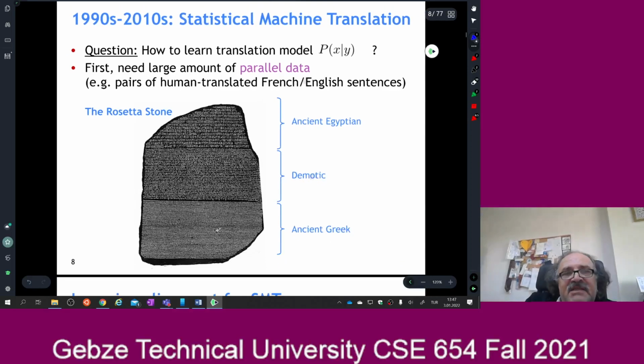Okay, so with the statistical machine translation, we need the parallel data. As I said, the parallel data is available for some places. The same book written in two different languages, we know that. For example, the movies, right?